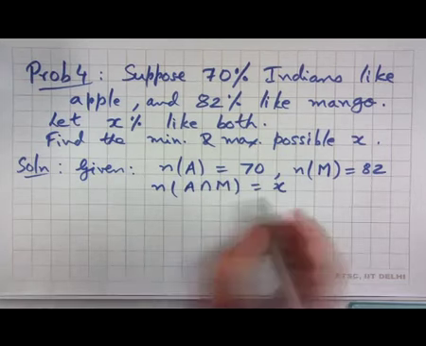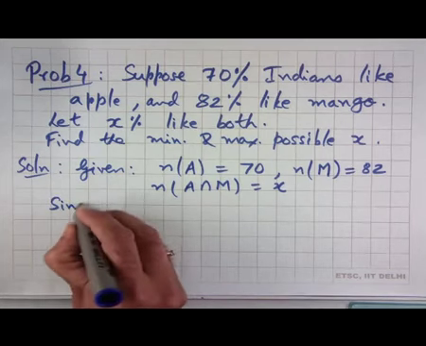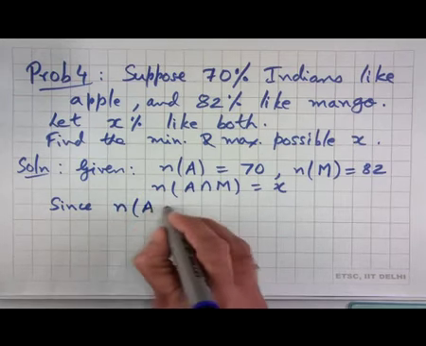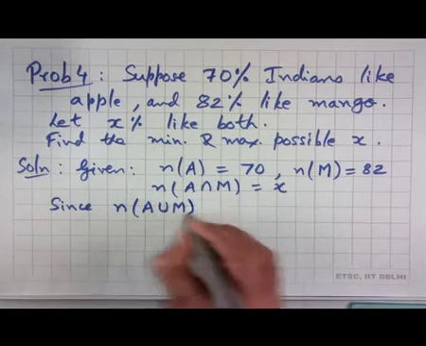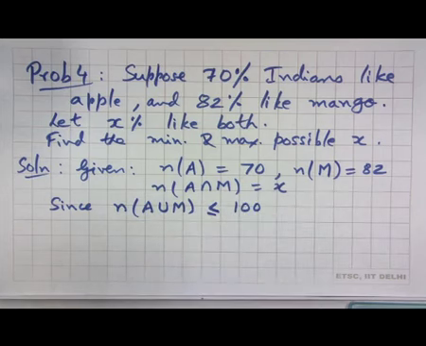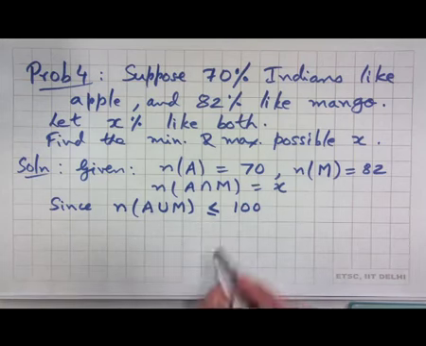So, what we know is that n of A union M has to be less than or equal to 100, right. The total 100% people are there. So, people who like either apple or mango cannot be more than 100%.